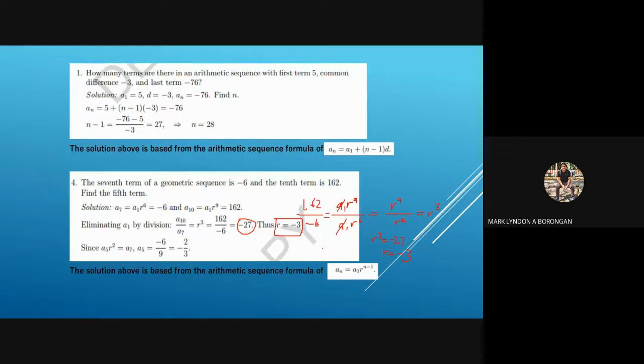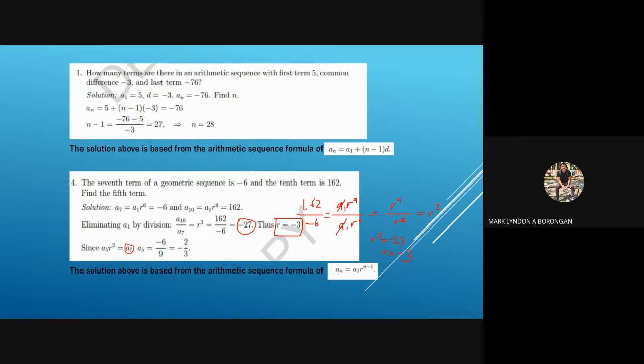Now we can get the fifth term. How do we get the fifth term? As you can recall, a sub 7 can be broken down as a sub 5 times r squared.